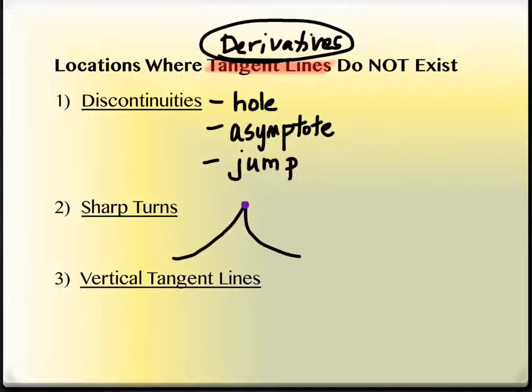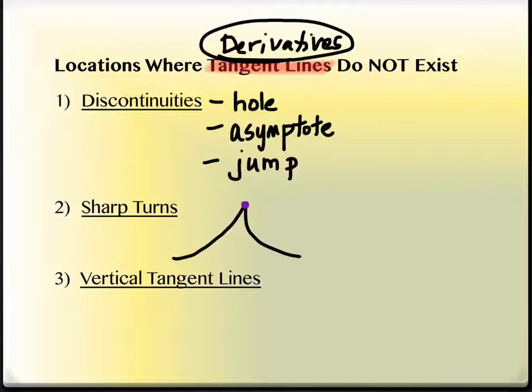Usually what we say in terms of tangent lines or derivatives is that we need something that's smooth and continuous. So continuous took care of number 1. Smooth takes care of 2. On number 2, we're not going to have a smooth graph if it's got a sharp turn, because it's got this sort of rigidness to it.